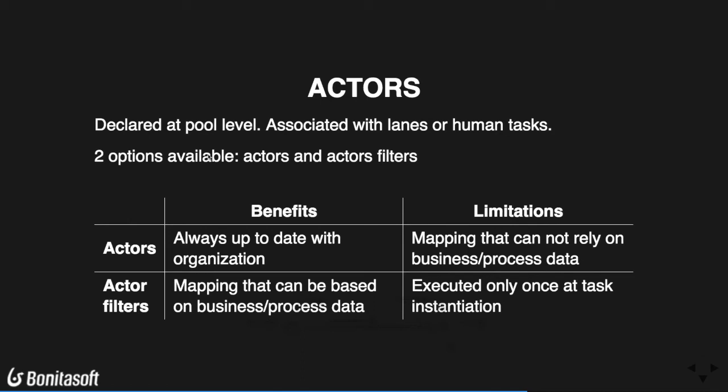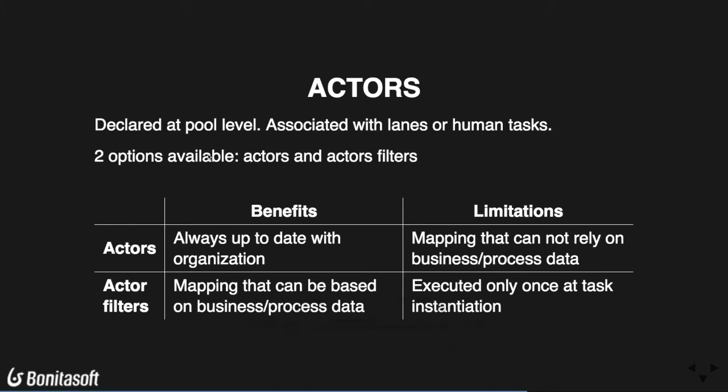And basically, with an actor mapping, you say that this specific task can be handled by this specific list of users, or this specific list of groups, or this specific list of roles, or any combination of that. It can be 5 users named distinctively, plus 3 groups, plus 2 roles in different groups.